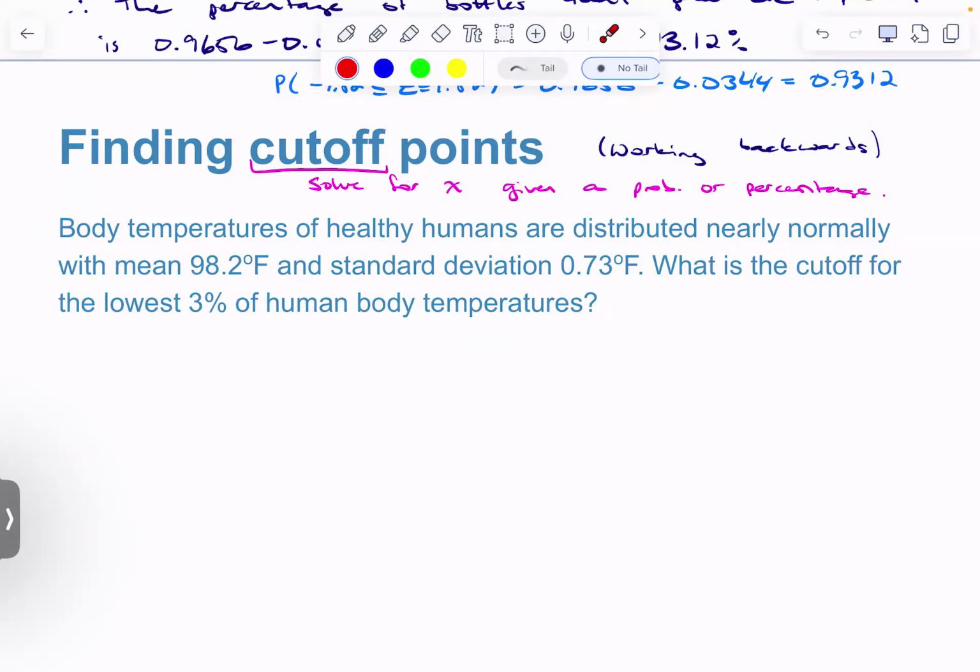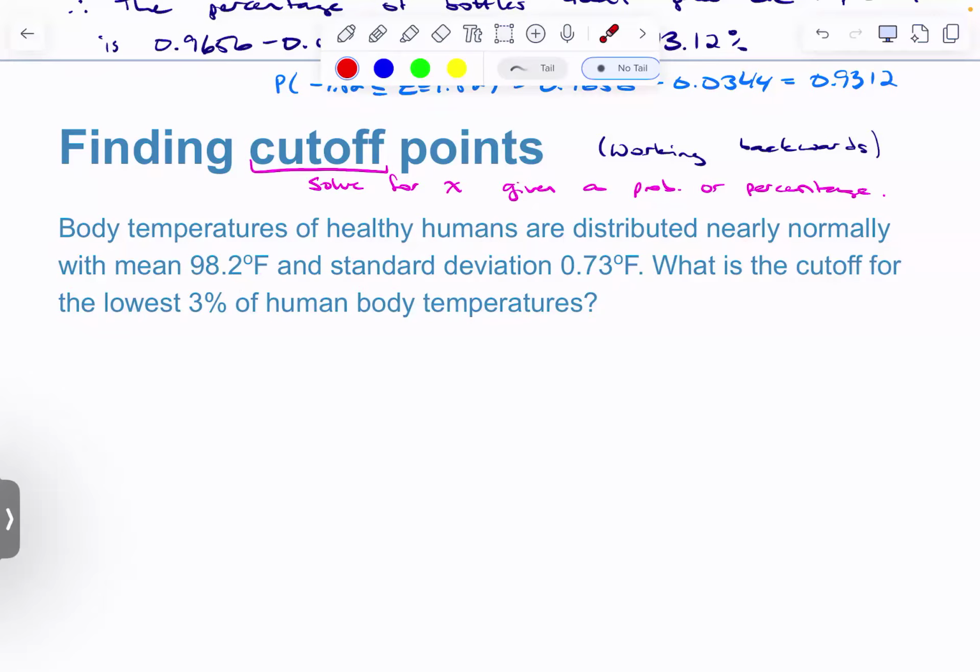But in general, we're centered on the same value. Now, these are in Fahrenheit, so who knows? Body temperatures of healthy humans are distributed nearly normally with a mean of 98.2 degrees Fahrenheit and a standard deviation of 0.73 degrees Fahrenheit.